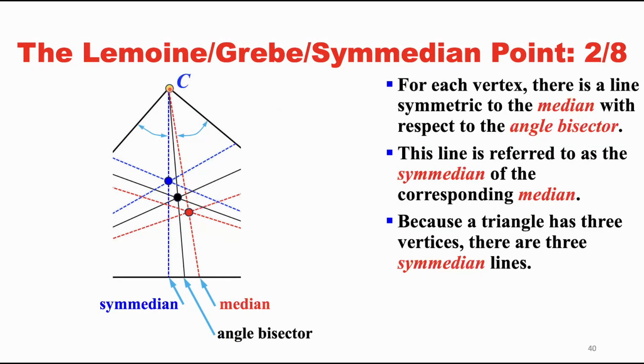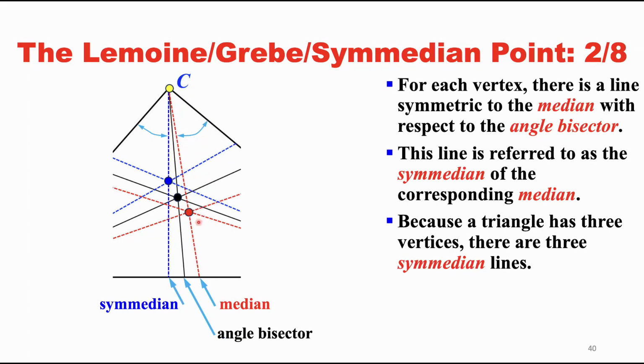For each vertex, there is a median and there is an angle bisector. There is an angle between the median and angle bisector. How about we construct another line with the same angle as the angle between the median and angle bisector. So the angle here and the angle here are the same.